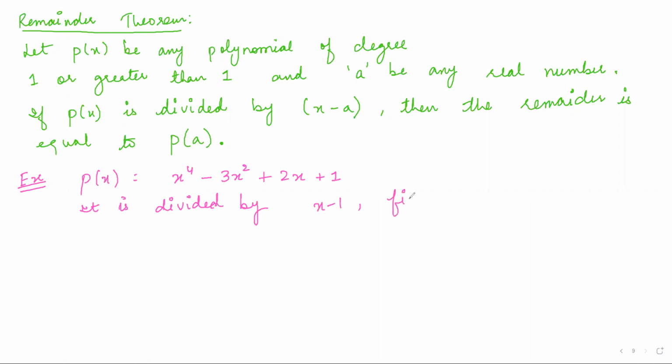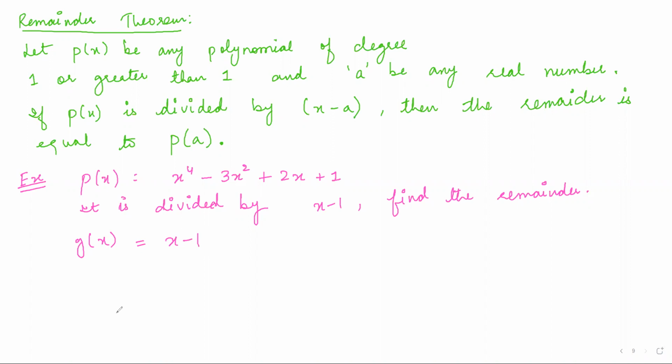Find the remainder. So you don't have to perform the division. You simply write that your Gx, like your divisor, Gx is basically just a name. You can write Gx, you can write Fx, Mx, Lx, whatever you wish, right? Just a name you are giving to this one, x minus 1. Is that okay?